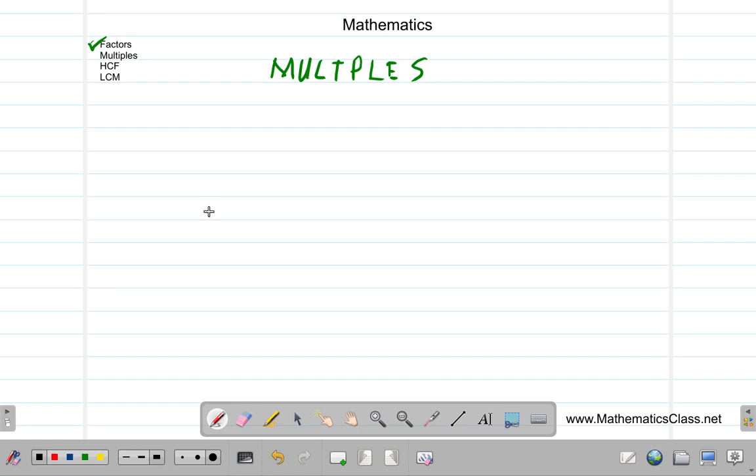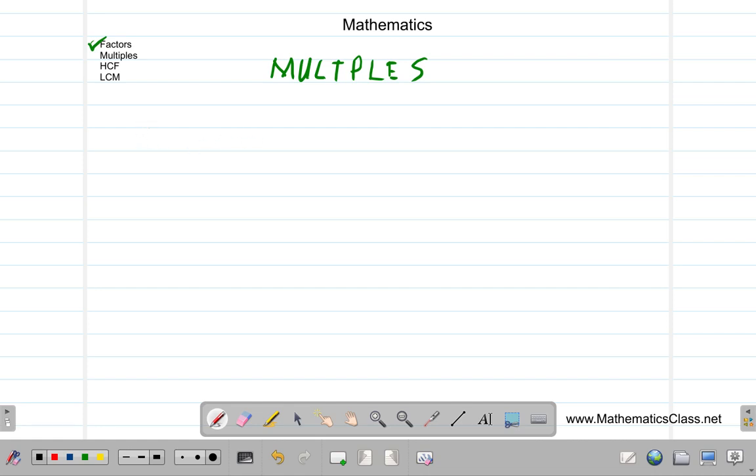But we will now see that the multiples of the number are those the number can divide into. So, multiples we're going to talk about. Multiples of the number.